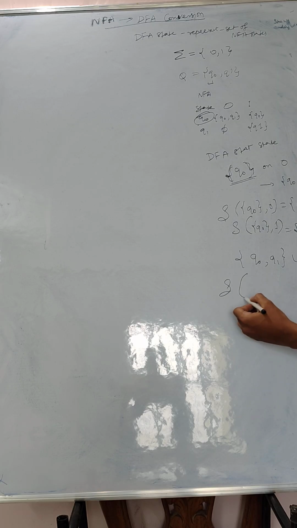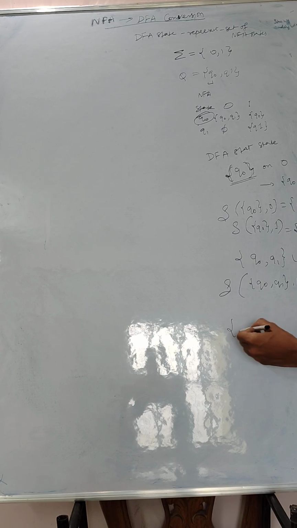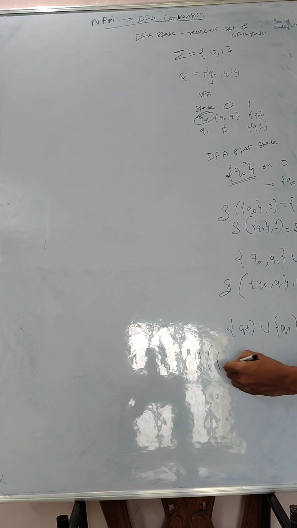So row {Q0, Q1} on 0 will give me {Q0, Q1}. On input 1, from Q0 on 1 it is Q0, and from Q1 on 1 it is Q1. So combining, Q0 union Q1 will give the set {Q0, Q1}. So row {Q0, Q1} with transition 1 will give me {Q0, Q1}.